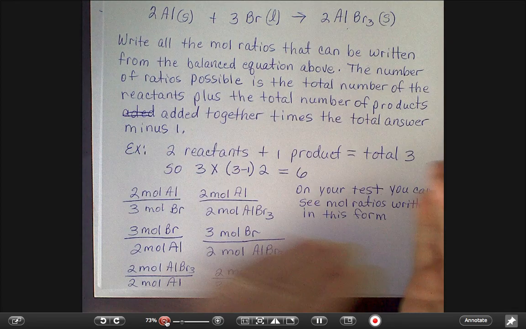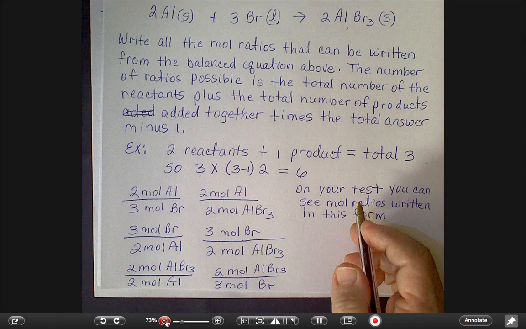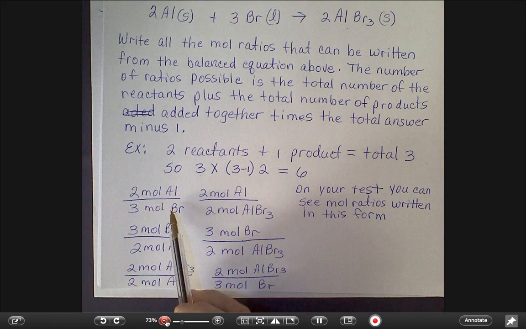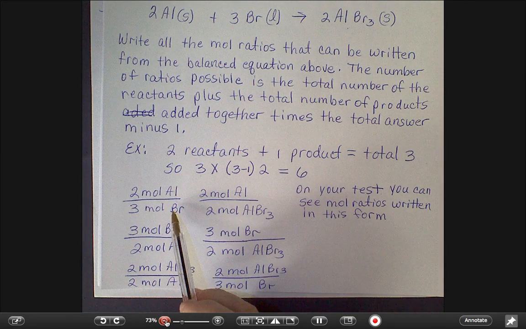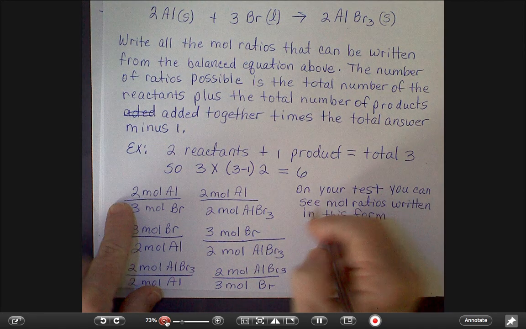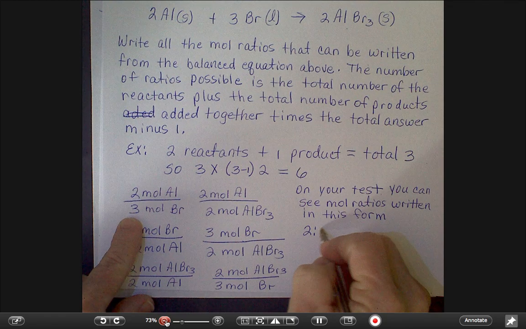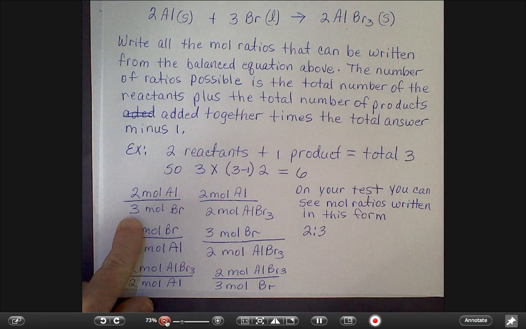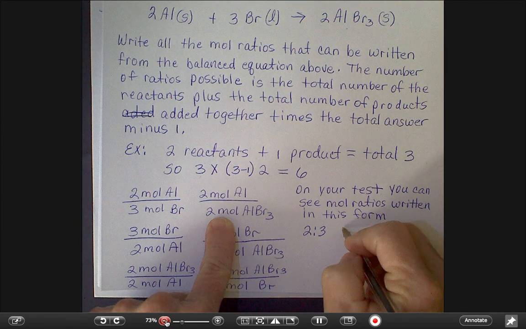But on a test, they can ask you, what is the mole ratio of aluminum to Br? Everybody with me? So I've just posed you a question. What is the mole ratio of aluminum to Br? You can see it written as 2 to what? 3. Okay? What is this mole ratio?